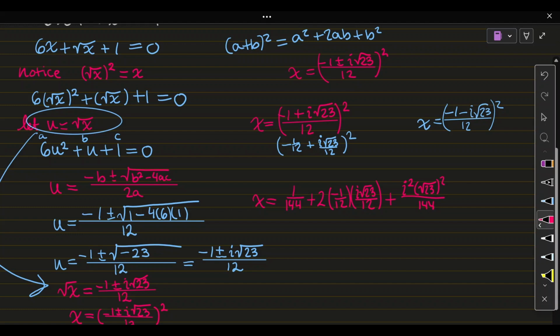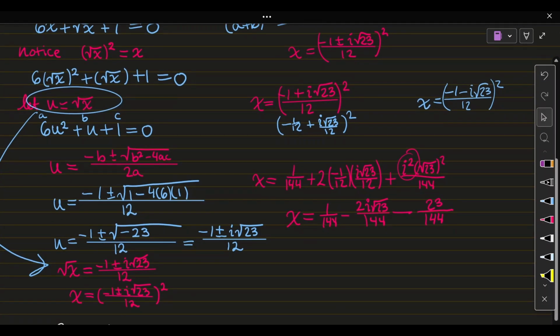Remember that i squared is the same as negative 1, so let's just go ahead and rewrite all of this as 1 over 144 minus 2 times i, the square root of 23 over 144, minus, because this i squared is minus 1, the square root of 23 squared is 23 over 144.